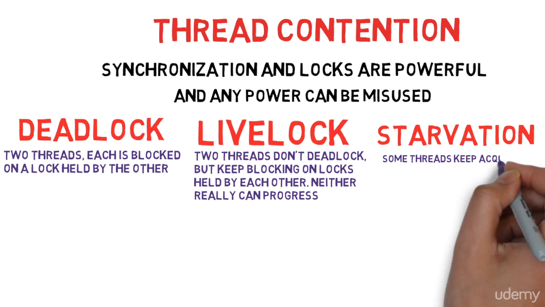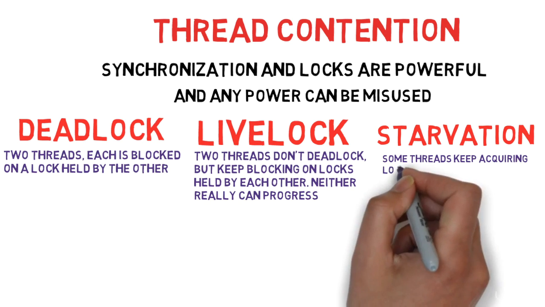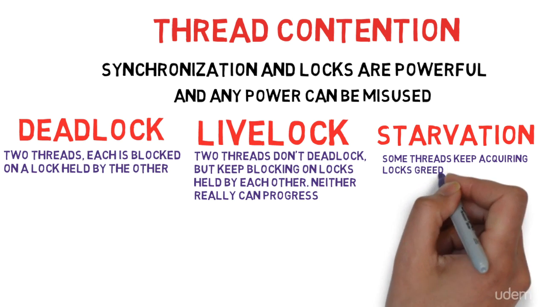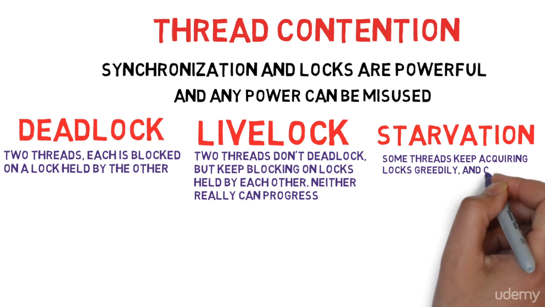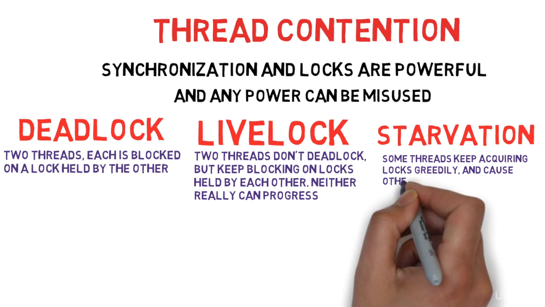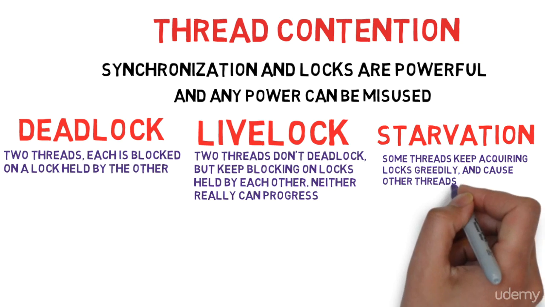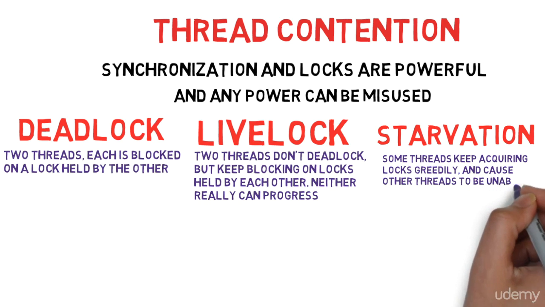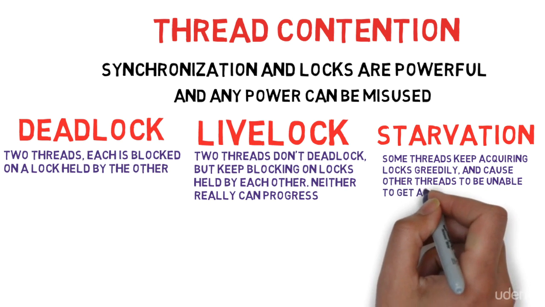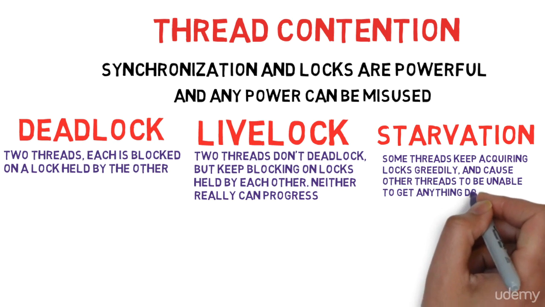What is starvation? This is a very literal term and you'll soon see how that is so. Say you have 2 threads. Both of them require the same set of locks. Now, thread A is very greedy and keeps acquiring locks and refusing to release them.